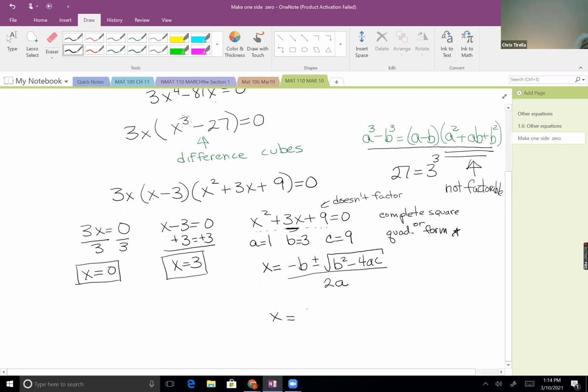So negative b would be negative 3 plus or minus the root of b squared, which is 3 squared, minus 4 times a is 1, c is 9, over 2 times a is 1.